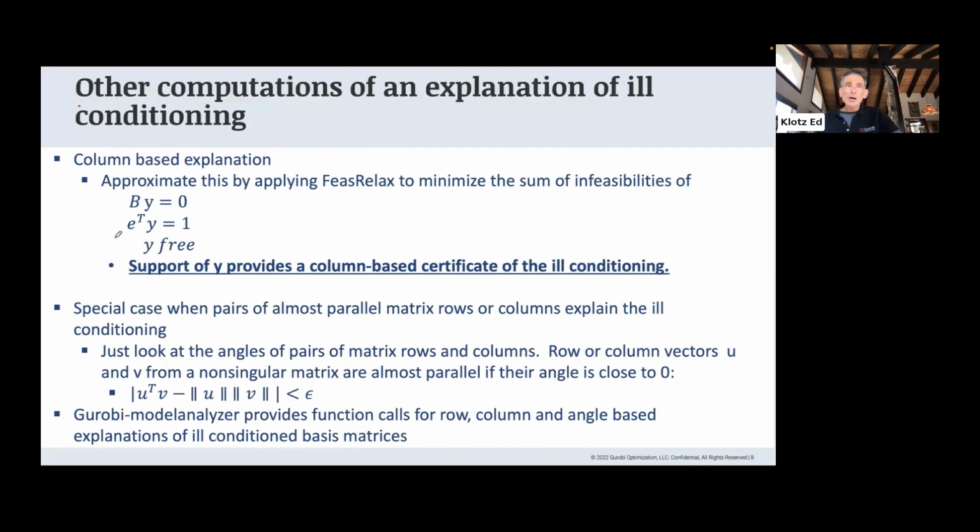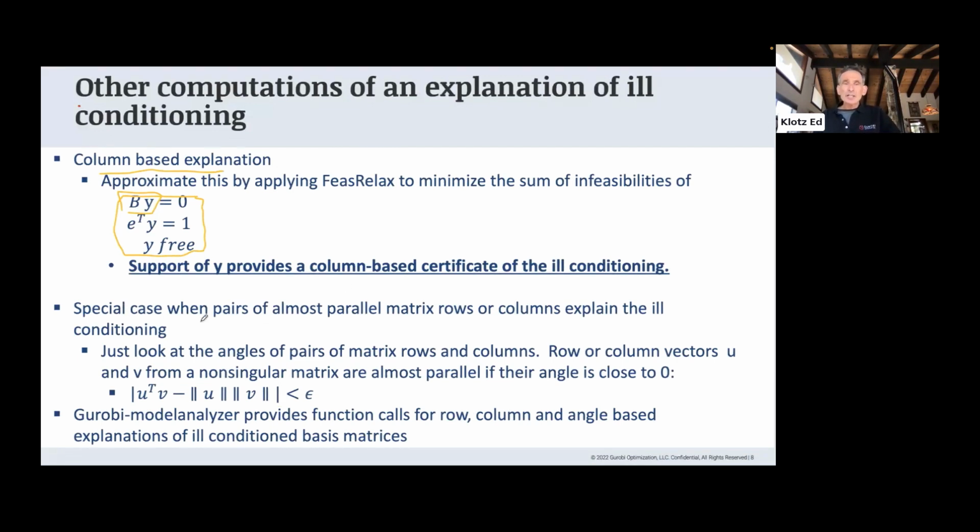We can do likewise for a column-based explanation. The procedure is essentially the same, except that our system here now involves taking a non-zero linear combination of the columns. So this is the only difference. Everything else is the same. In this case, the support of Y provides a column-based certificate of ill conditioning.